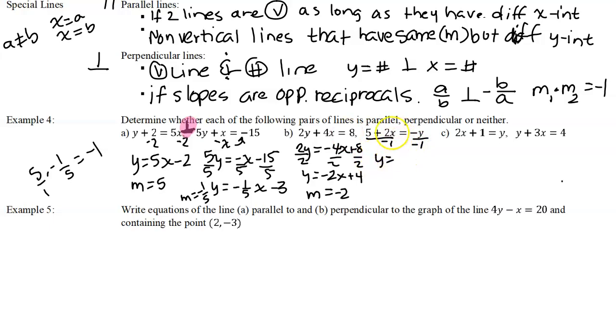So that would be y equals -2x minus 5. So let's double check. They both have a slope of -2, and they also have different y-intercepts. And so I would say that those two lines are parallel. So that would be my solution for that.